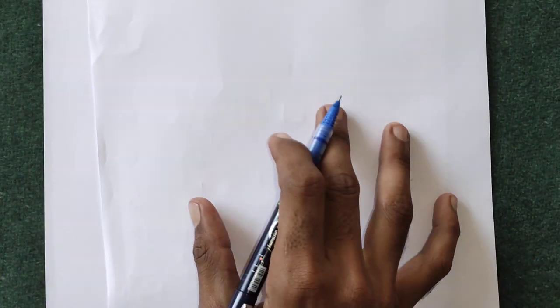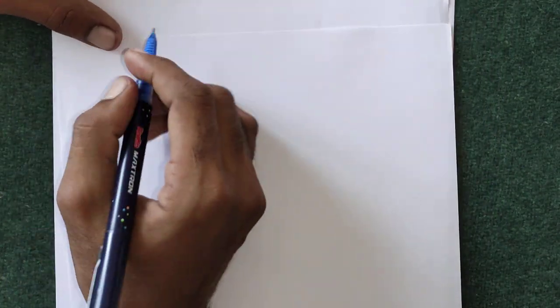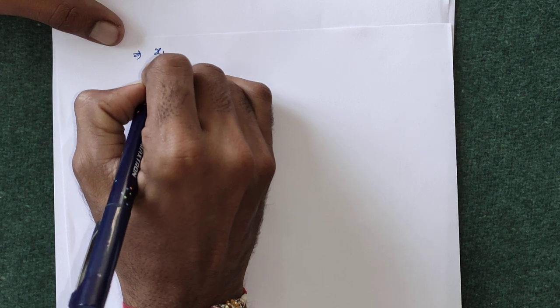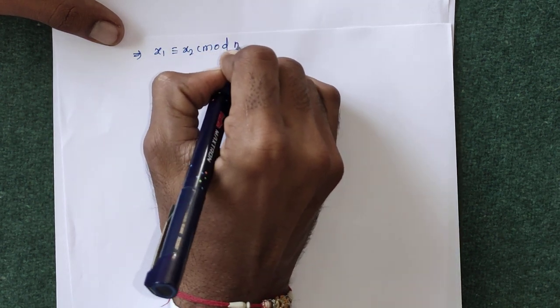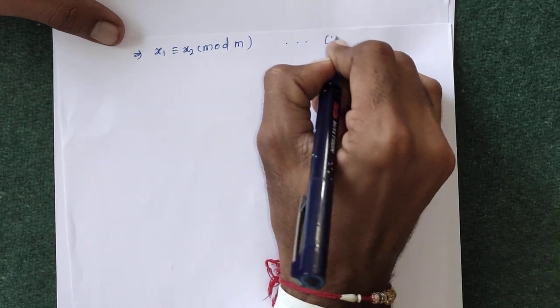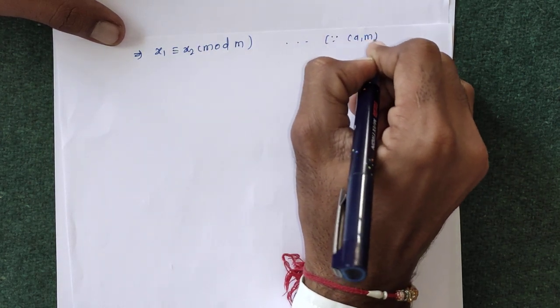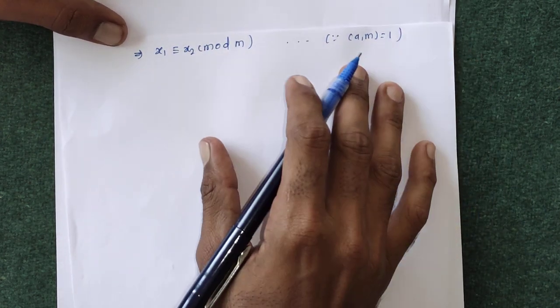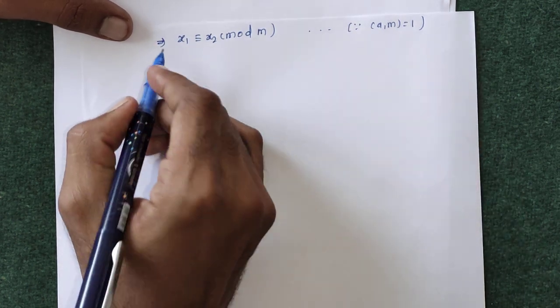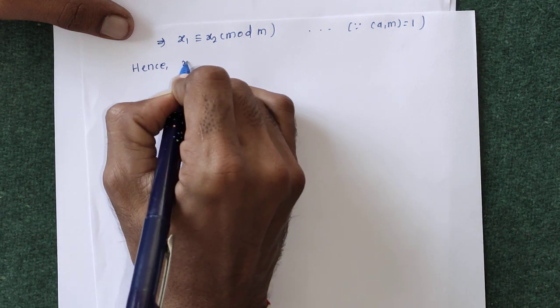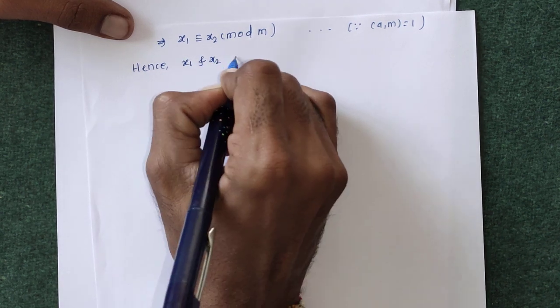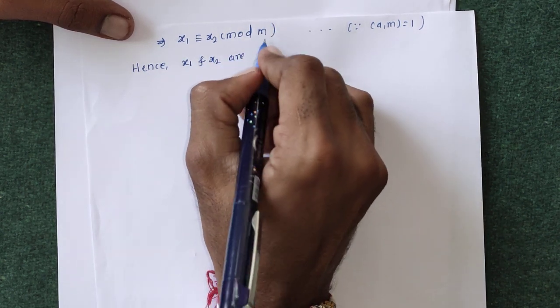So the next step is x1 is congruent to x2 modulo m. Since GCD of a and m is 1, we get that x1 and x2 are congruent to each other. Hence, the solutions x1 and x2 are congruent to each other.